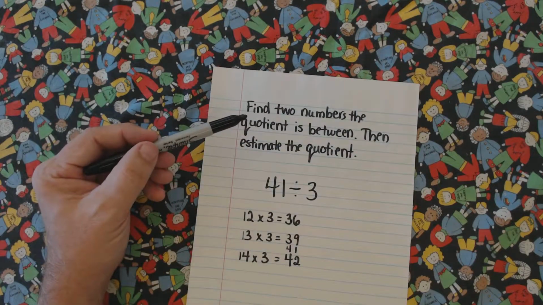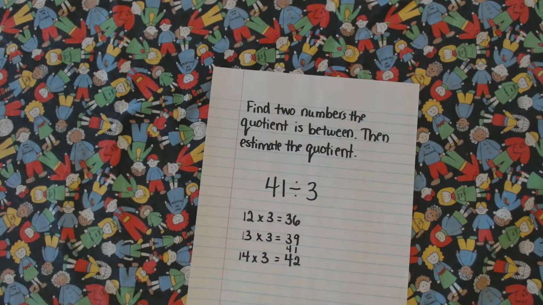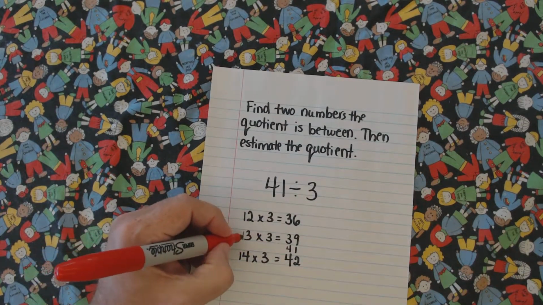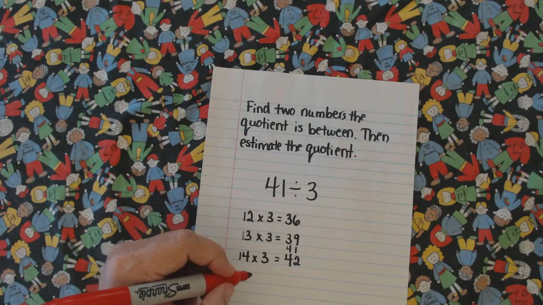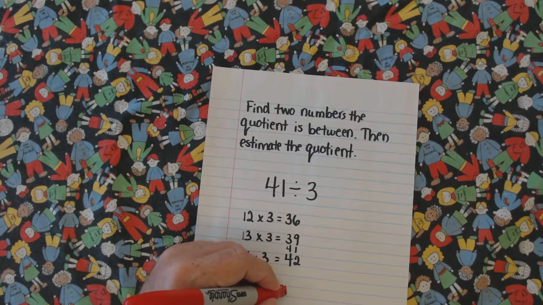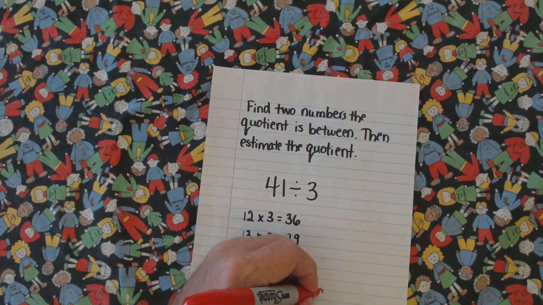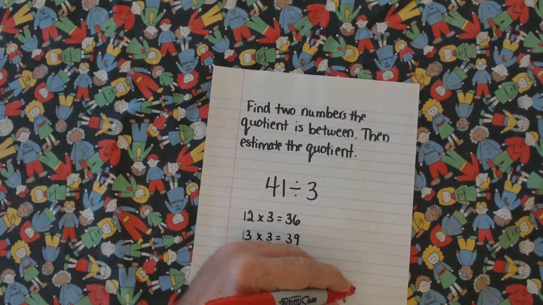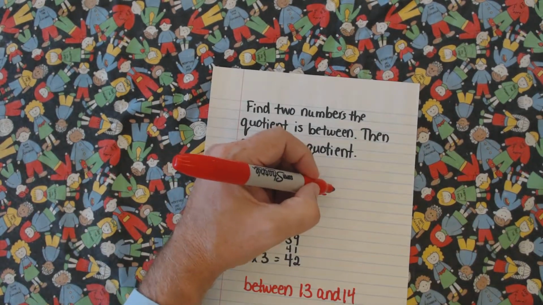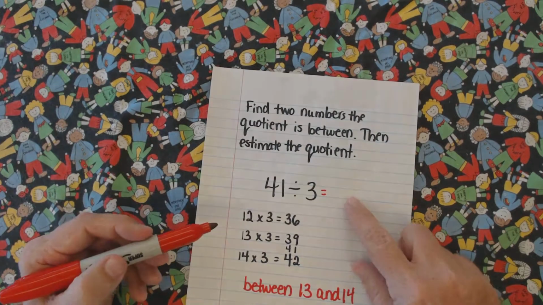So coming back to what the boys and girls have to solve, they have to find two numbers the quotient is between. Well, the quotient is between 13 and 14. When they learn how to divide this answer will be somewhere between 13 and 14.